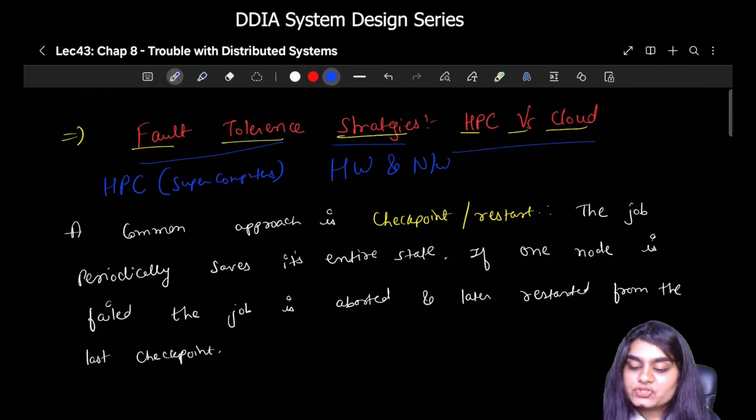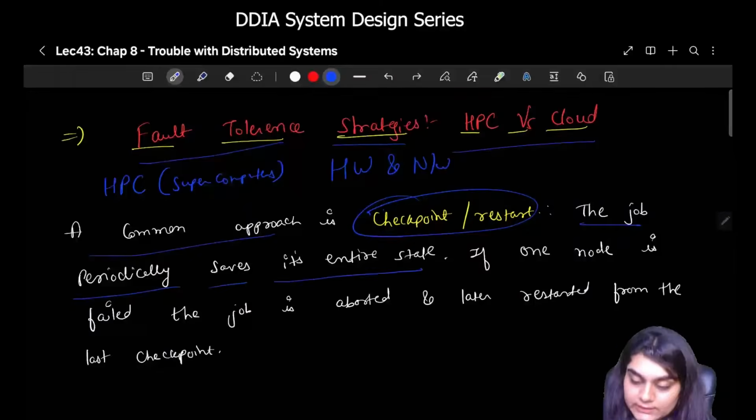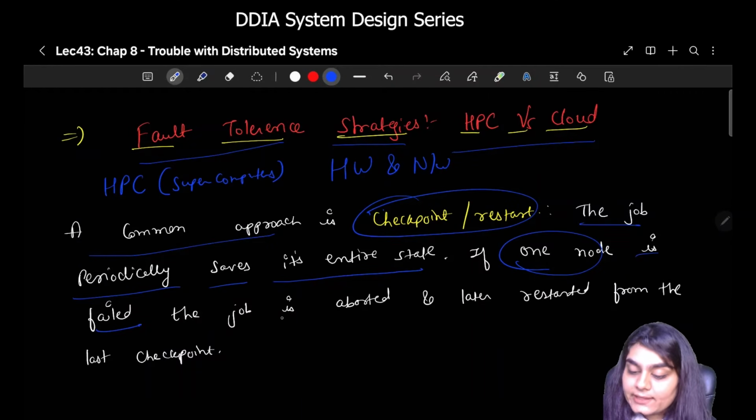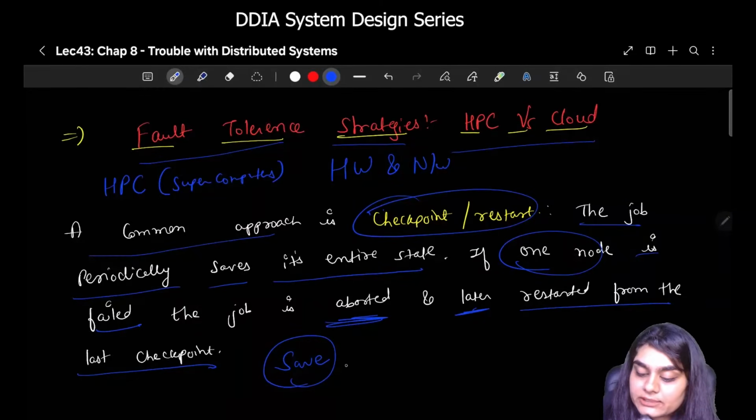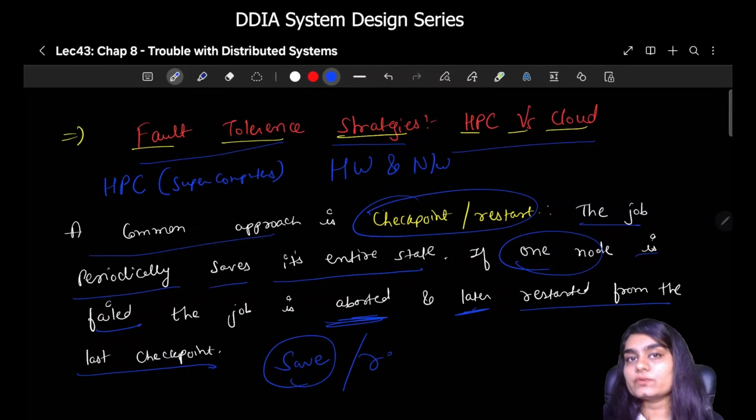A common approach is checkpoint and restart. The job periodically saves its entire state. If one node fails, the job is aborted and later restarted from the last checkpoint. This is like pressing save in a game and reloading if the power goes out.